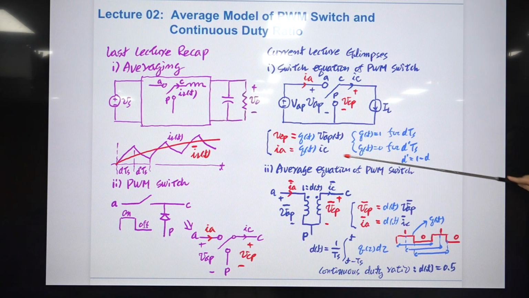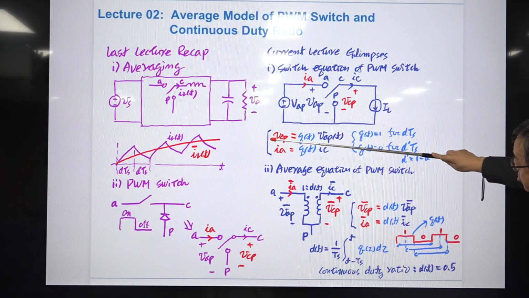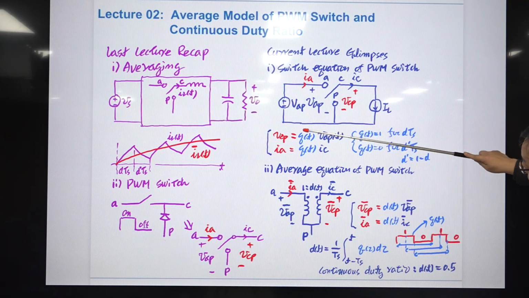So this equation is the same as this, we just put a bar sign here, and the QT is replaced with DT. Okay, I'll explain the implication of the DT shortly. Okay, and IA bar is DT times IC bar. This indicates that the average value of IA is the same as the average value of IC times DT.